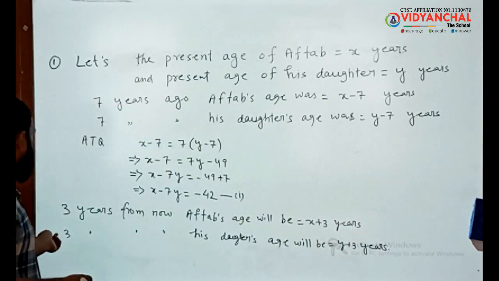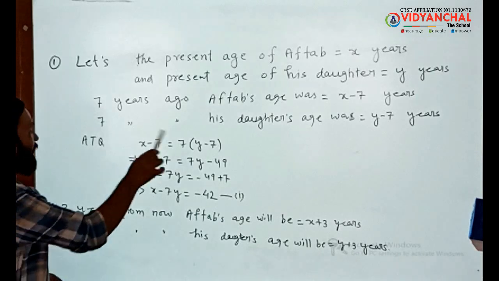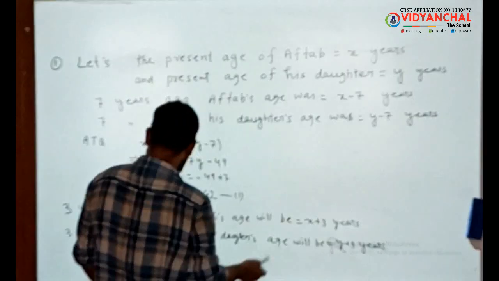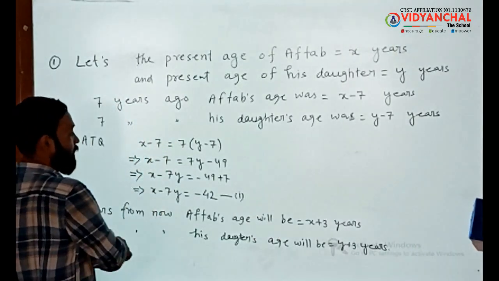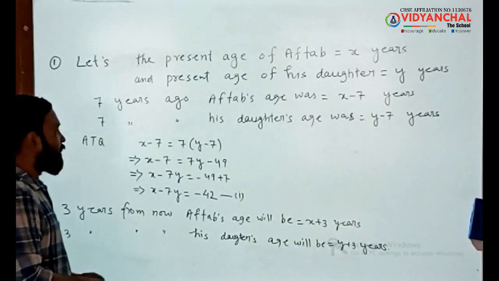Right? 3 years from now, if Aftab's present age is X years, after 3 years X plus 3. If his daughter's present age is Y, so after 3 years Y plus 3.